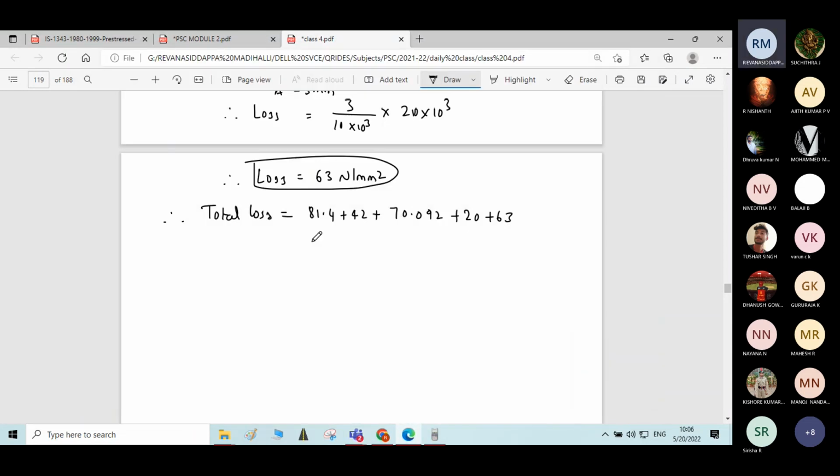Therefore, the total loss, if you calculate, you will get 276.49 Newton per mm square.